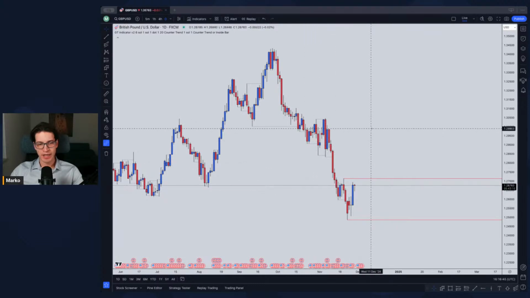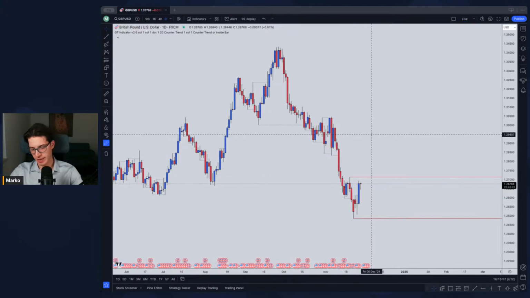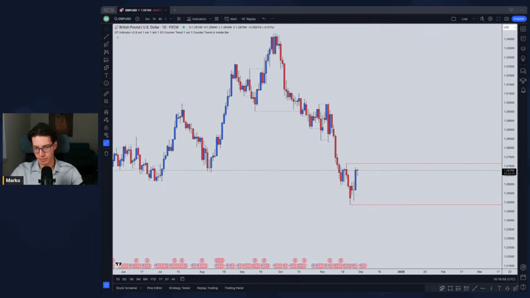So if I had to form a bias from the daily chart, it would be a bearish bias, and I would actually expect more downside for the pound and US dollar. Possibly something like this. All depends how the next daily candle prints. If it prints like this, well, then the buyers are clearly winning. But right now it is pretty bearish.